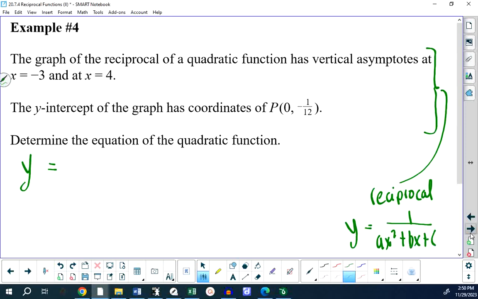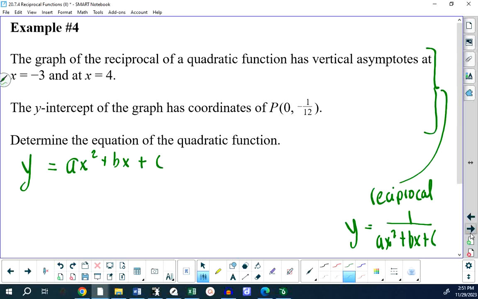Can somebody tell me something, anything, about the graph of the original function before it was reciprocated? Anything at all? Any intercepts, any information at all?